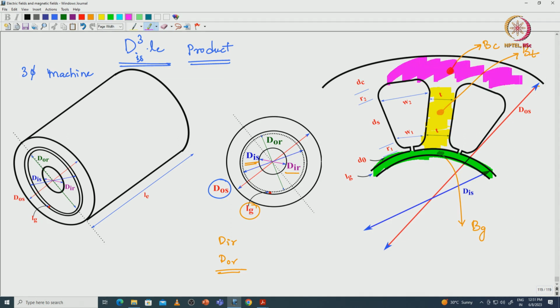So, flux densities at the different parts we will consider, and along with that we will see the actual area of the slot. We will consider the actual slot dimensions, like slot area if you want to represent, then this is the slot area. Okay. So, by considering this slot area, we will derive the power equation in terms of d3L product.